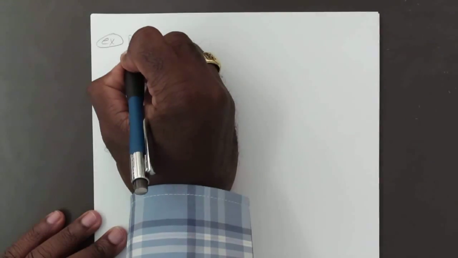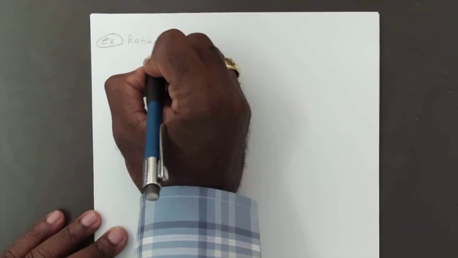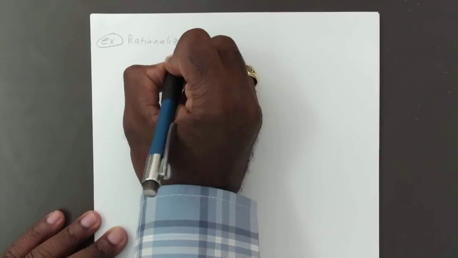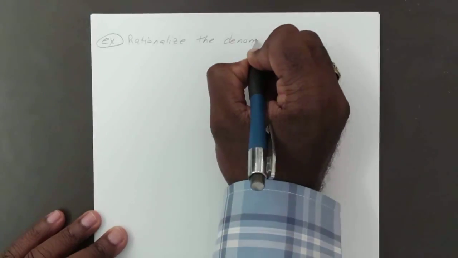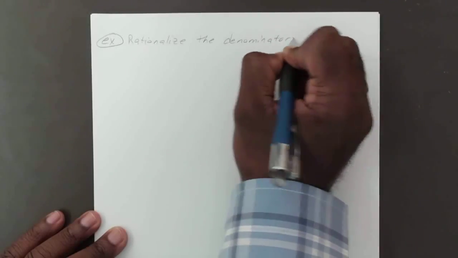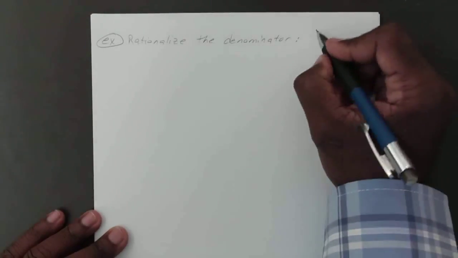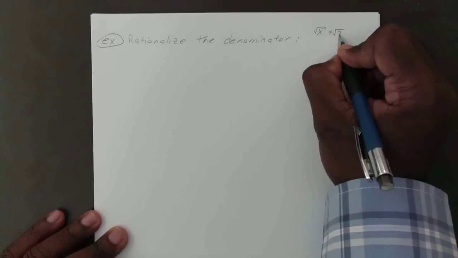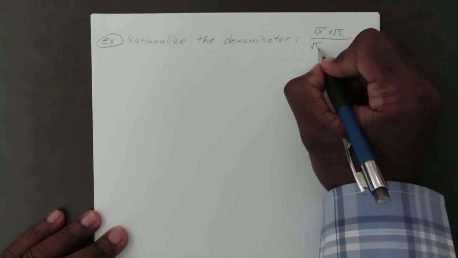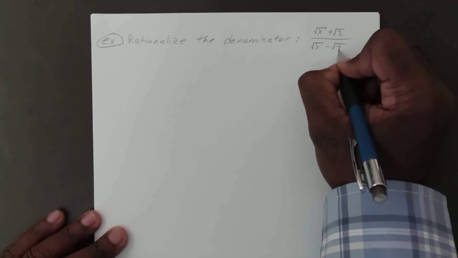There we go. Let's say for our next example, we wanted to rationalize the denominator of square root of x plus square root of 2 over square root of x minus square root of 2.